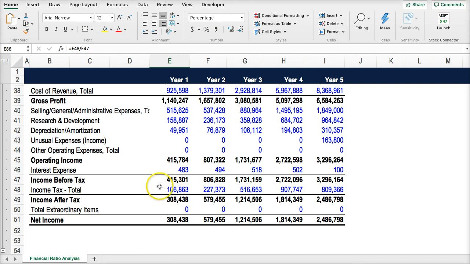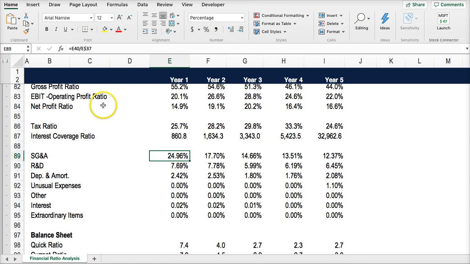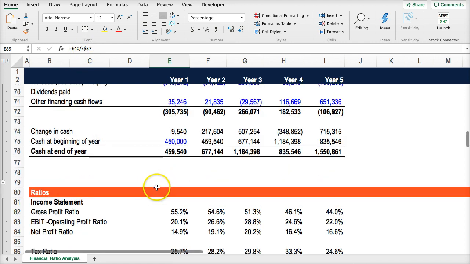So what percentage of income we're paying in taxes. The interest coverage ratio.